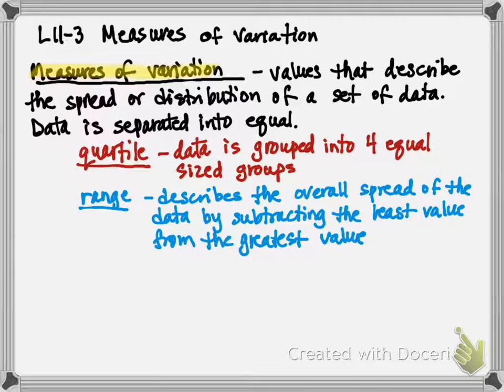Okay. So I think I'm going to go on to the next slide because I want to talk about the main thing, something we call the 5-number summary. We can take any set of data and use these 5 numbers to summarize the data.